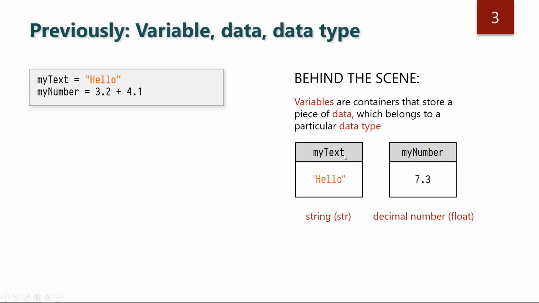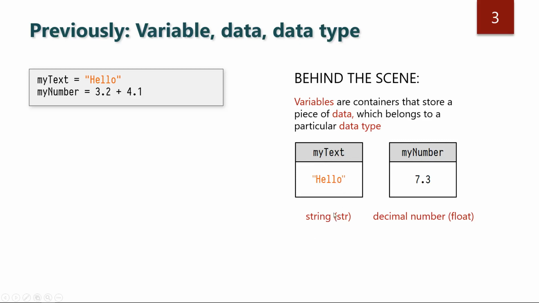The name of the container does not change. It's called my text, but the value stored inside can be changed. So the first line of the code gives us a variable, or a container, with the value, the piece of text hello. Now this is the data, or the value stored inside the variable, and the value belongs to a particular data type.